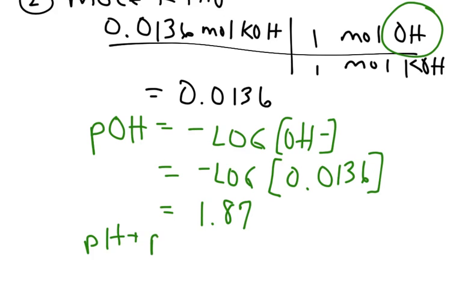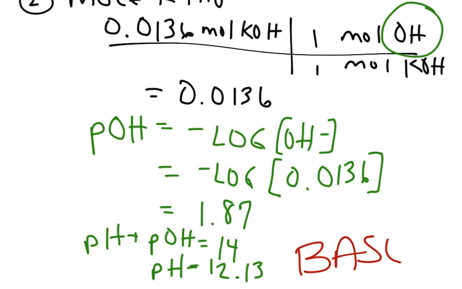Then my pH plus my pOH is going to be equal to 14. So when I do my subtraction, my pH is equal to 12.13. It makes sense because it's a base. If it's a base, it has to be over 7, and if it's an acid, it's got to be below 7. That is a lot of information.